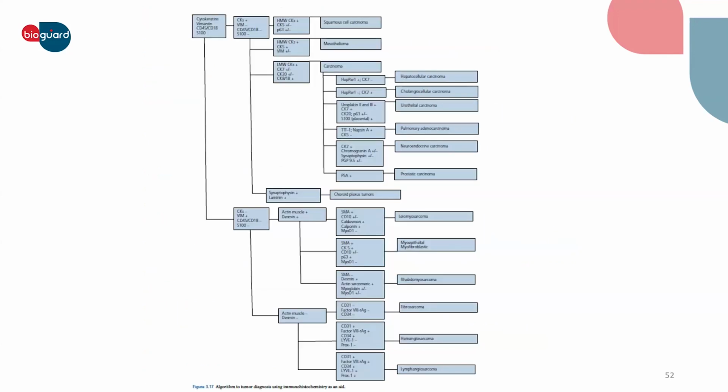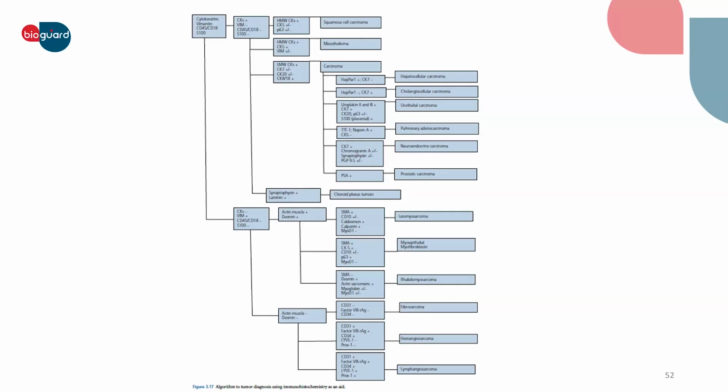To wrap up everything, let's go over this diagnostic picture for tumor classification using IHC. When morphology isn't clear, we start with broad spectrum markers like cytokeratin for epithelial tumors, vimentin for mesenchymal tumors, CD45, CD18 for leukocytic tumors, and S100 for neuroendocrine tumors.